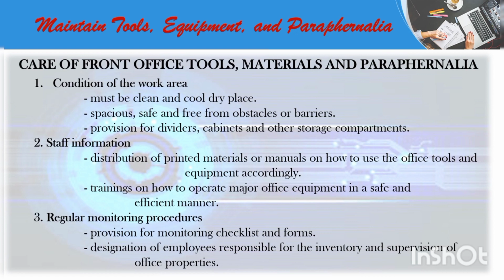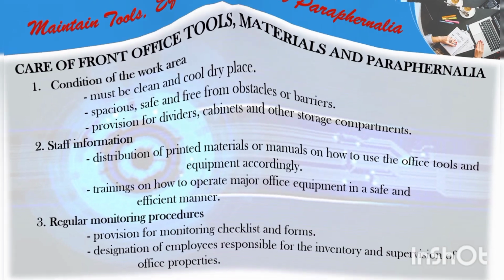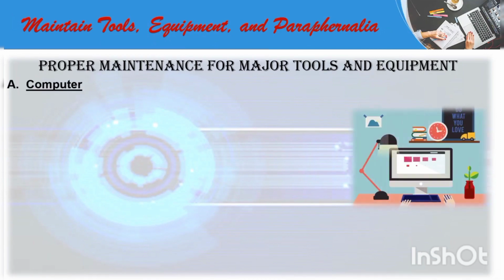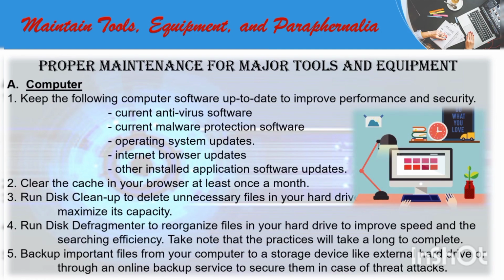Provision for monitoring checklists and forms, designations of employees responsible for the inventory and supervision of office properties. So those are some of the other things that we have to consider in maintaining the tools and equipment of the front office.